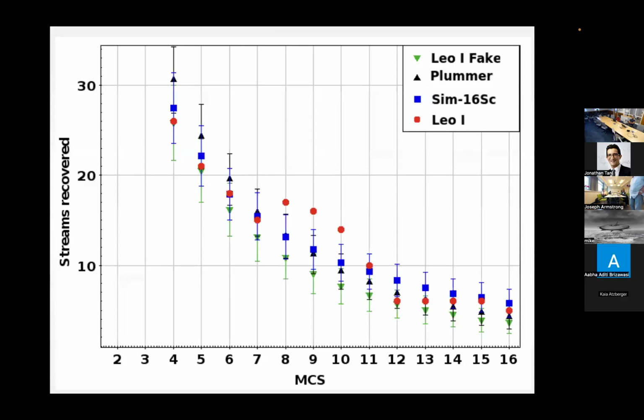Okay. And here, once again, you see in green and black a simulation of no streams whatsoever, so the exponential decrease. And now in red, you see the observed data of Leo 1. It has no error bars because it's just one object.